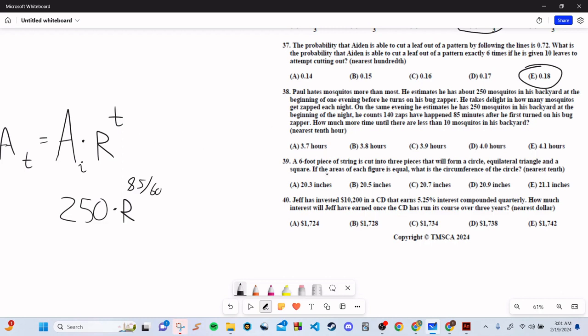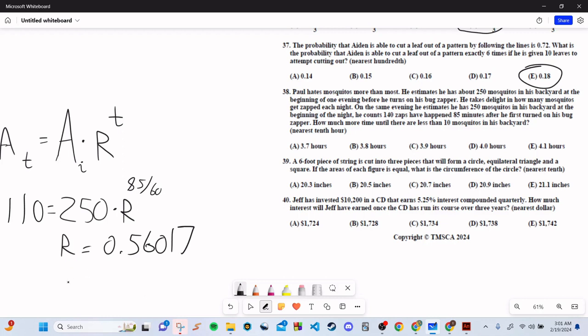So that's 85 minutes, so 85 over 60. That's the time in hours. After this time, he counted 140 zaps, meaning that 110 bugs remain after this time. And so, if we solve for r, we get that r is equal to 0.56017.